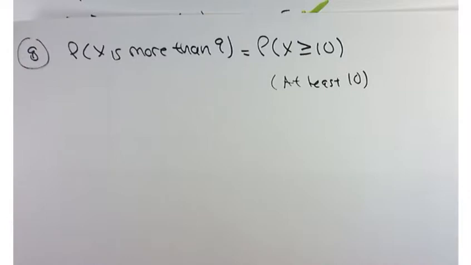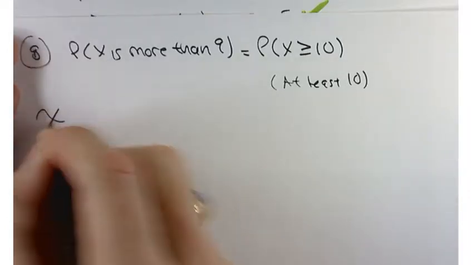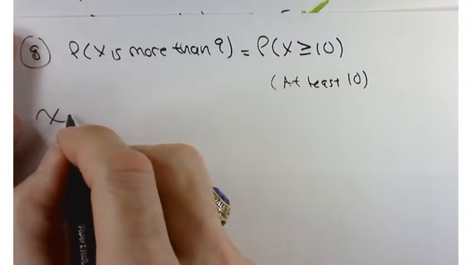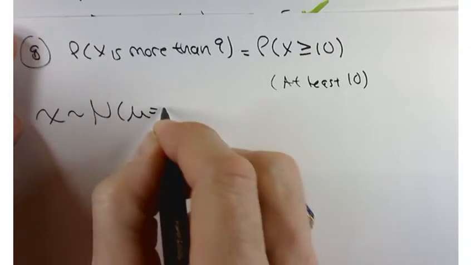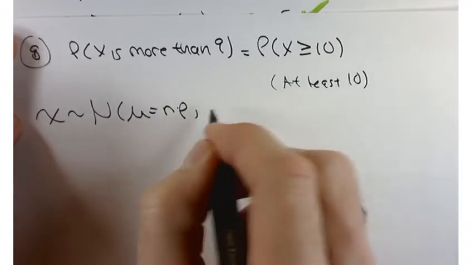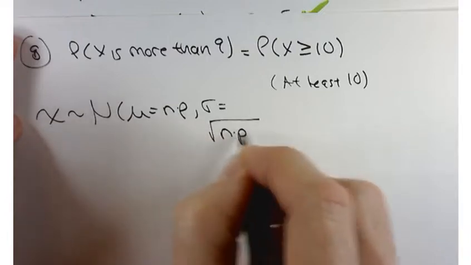Would be another way to say this. Let's figure out what normal curve you're working with. So if we're going to approximate this with a normal curve, we want the mean equal to n times p, and the standard deviation equal to the square root of n times p times q.